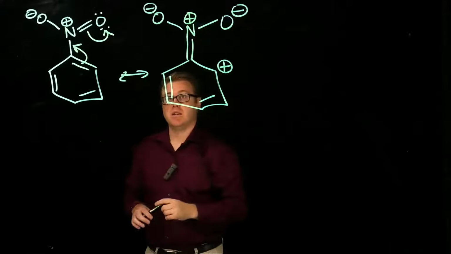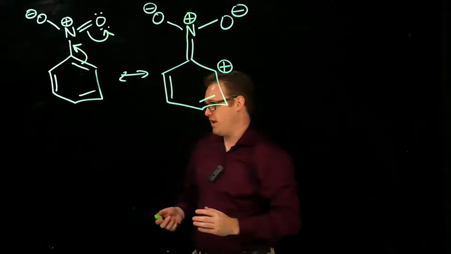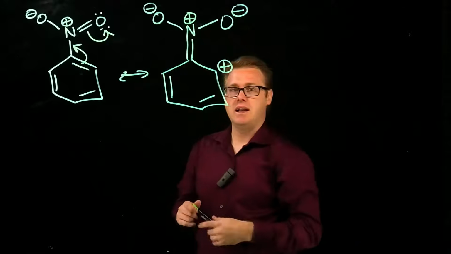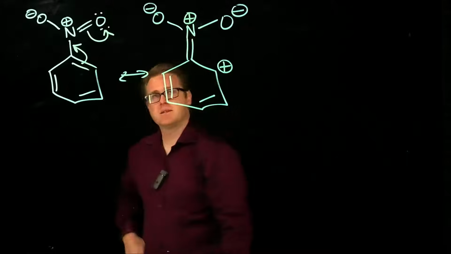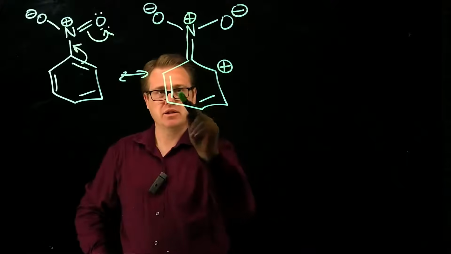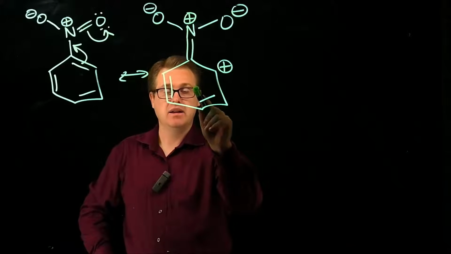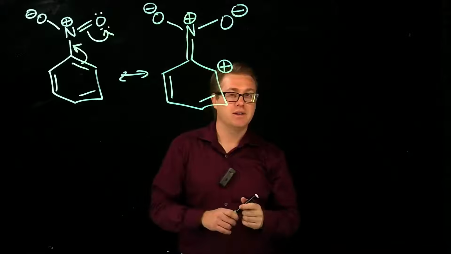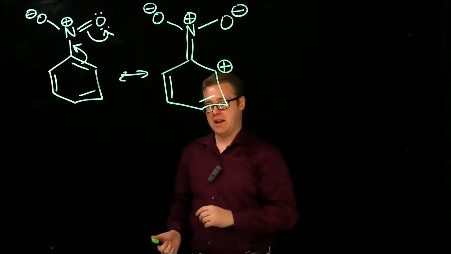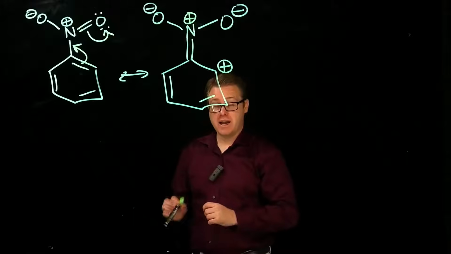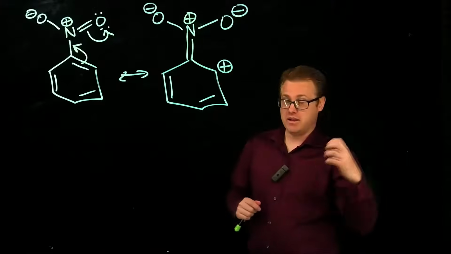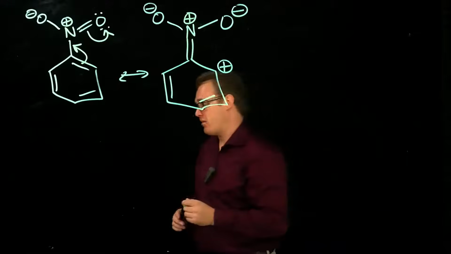Okay, not the most stable resonance structure, right? But you can definitely see that it is pulling electron density from the ring via resonance. And when this happens, you can see that the ring is losing electron density, so it's what we call being deactivated. The benzene ring is being deactivated because of the nitro group's inductive effect of making the electrons go towards the nitrogen and via resonance.